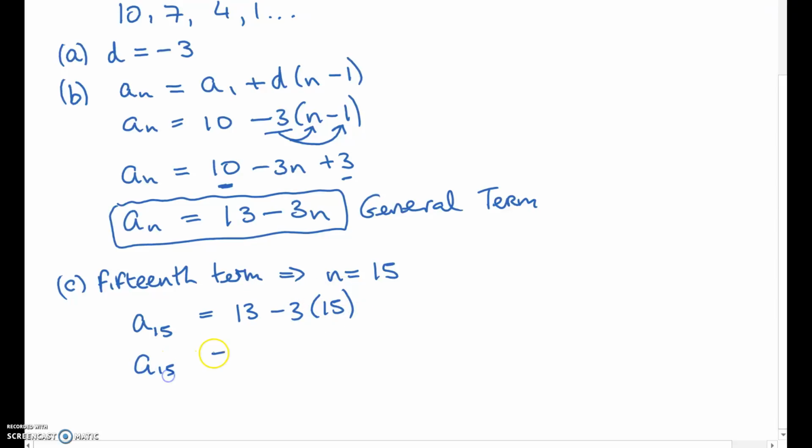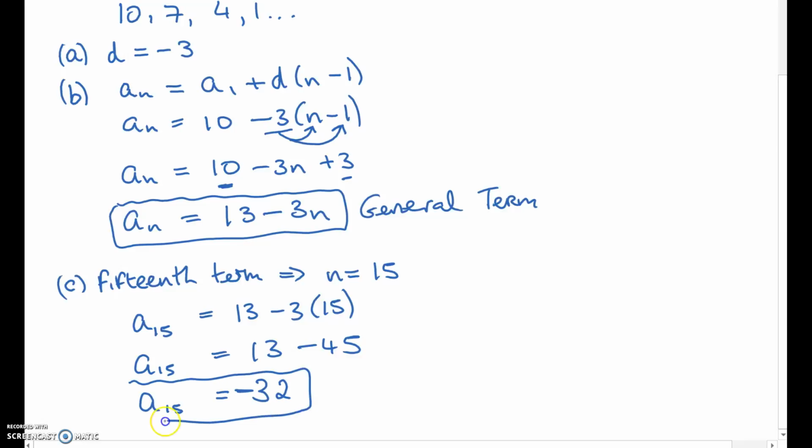So A15 is equal to 13 minus 45, which will be negative 32. So the 15th term is negative 32.